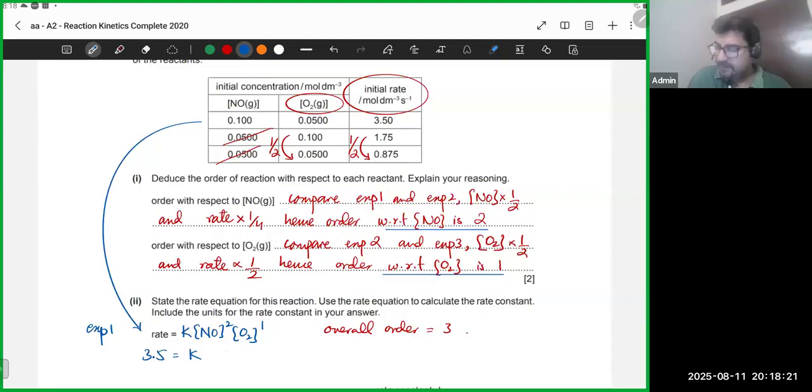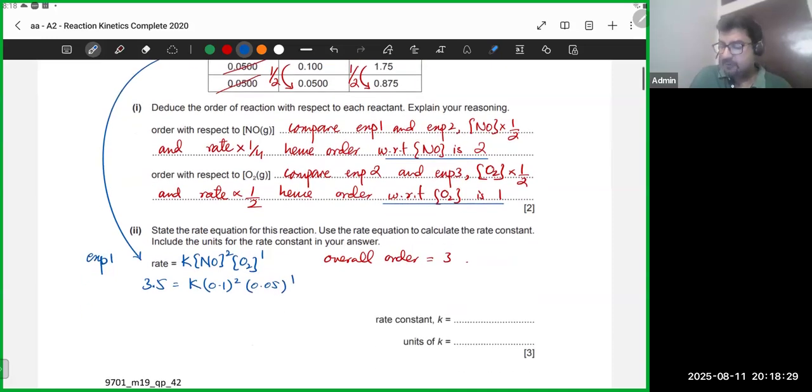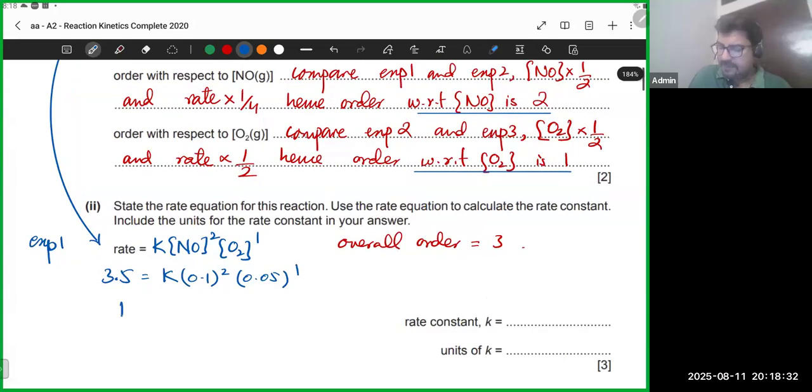K, I don't know. NO's concentration is given, that's 0.1 squared. And O2 concentration is 0.05, to the power 1. So I just need to solve this. K would come out to be 3.5 divided by 0.1 squared times 0.05 to the power 1.